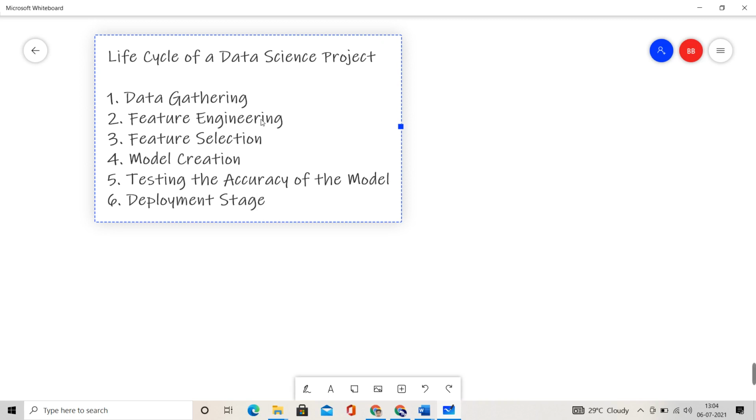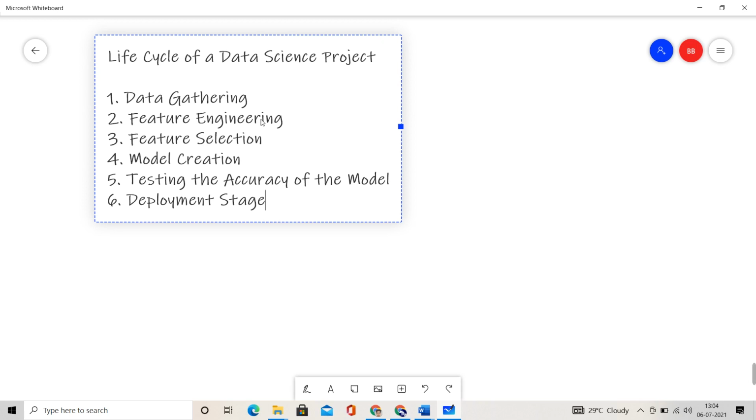Now once this model has been sent for the deployment, that means into the production, so we are not done yet, because now we have to keep monitoring how this model is actually performing on the new data set. So if the model is not performing that well, then again we have to go for the previous checks.